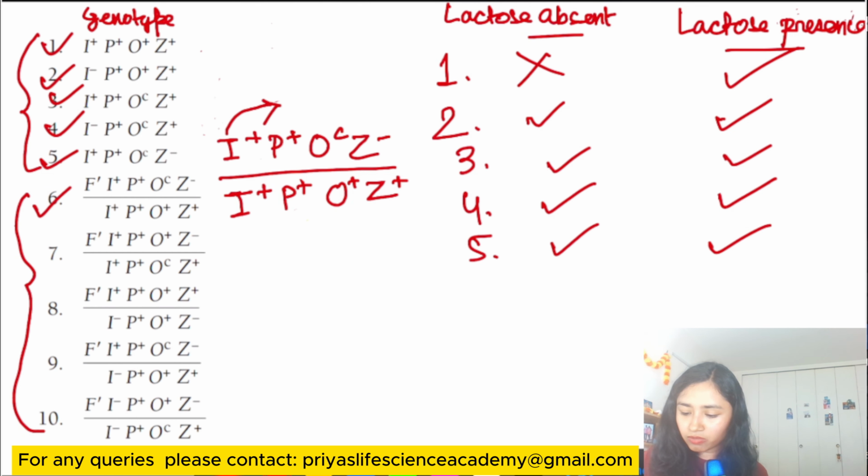The second chromosome also can produce active repressor. But you have to know, these I plus, they both are transdominant. They can affect their own chromosome as well. They can affect the other chromosome. But here you can see in the first chromosome there is OC. And you know that the repressor can't recognize the OC because operator is mutated.